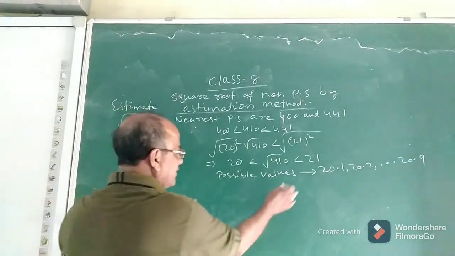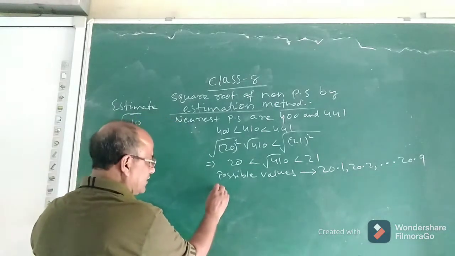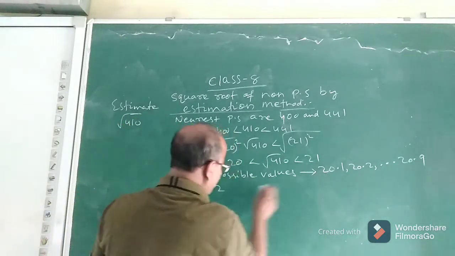Now what is the next step? The next step, what I have told you, is to take the square. First you find the square of 20.1.